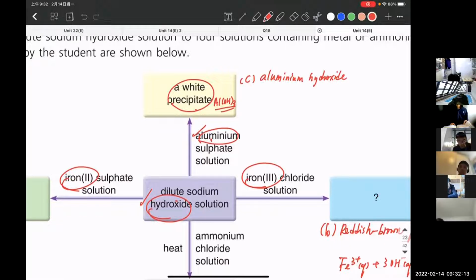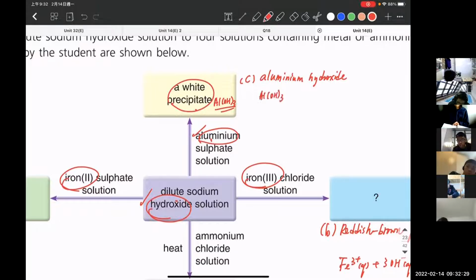The white precipitate dissolves in excess NaOH to give a colorless solution. Explain with the aid of an equation. So what is the equation? What is happening?